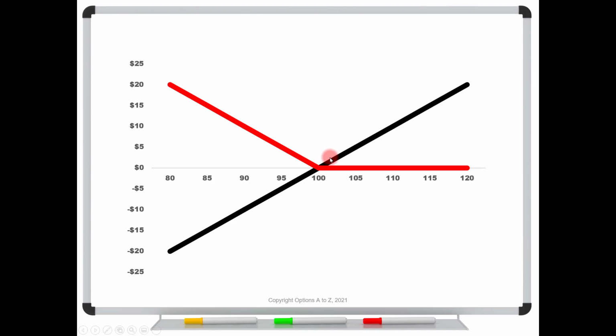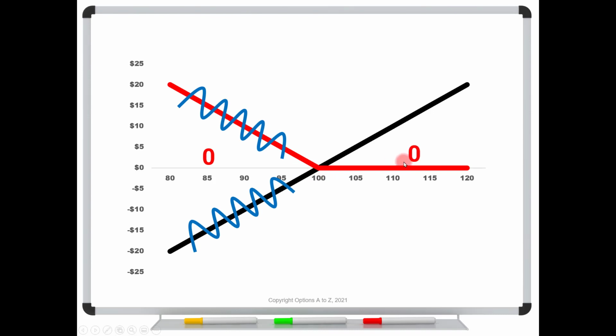So if we combine these positions, if I bought shares and I also bought this $100 put, all of this area here to the left would exactly cancel out. And again, that's just because they are mirror images. So I can tell that I would have 0 deltas over here to the left of 100 in the combined position, the combined position being long shares and this long put. Now, what about to the right of the 100 strike?